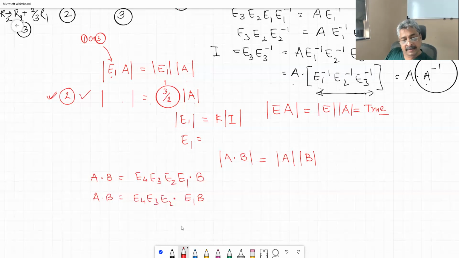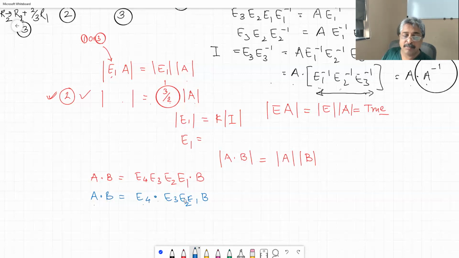And now if I take, okay, not like this. I have to do it from left. A into B is equal to E4 times E3 into E1 times B. I can consider that this is the multiplication of these two matrices A into B. Yes.